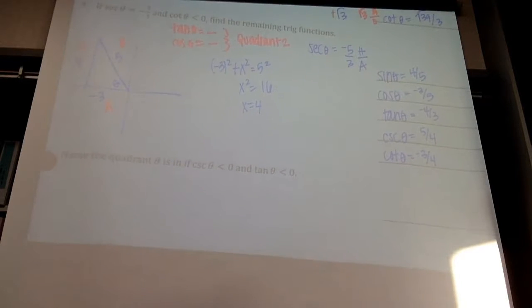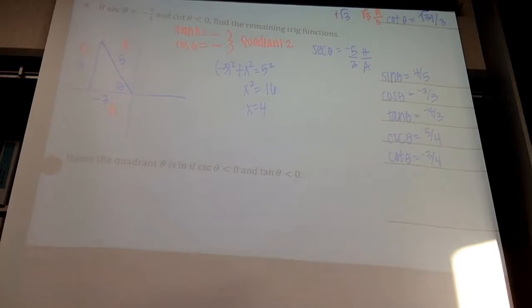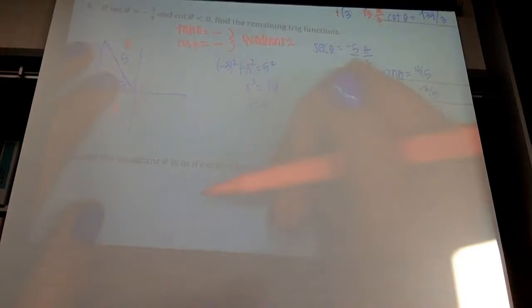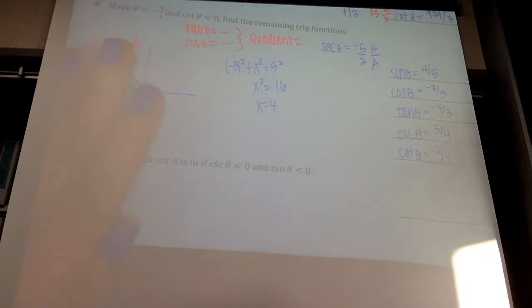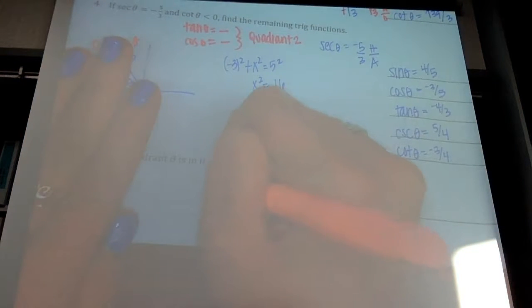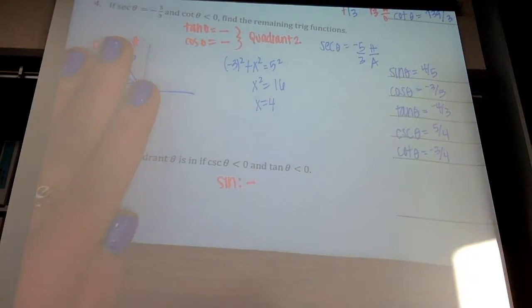Okay, so number 5 says name the quadrant theta is in if cosecant theta is less than 0 and tangent is less than 0. Remember, cosecant is the reciprocal of sine, so that's saying sine is negative.